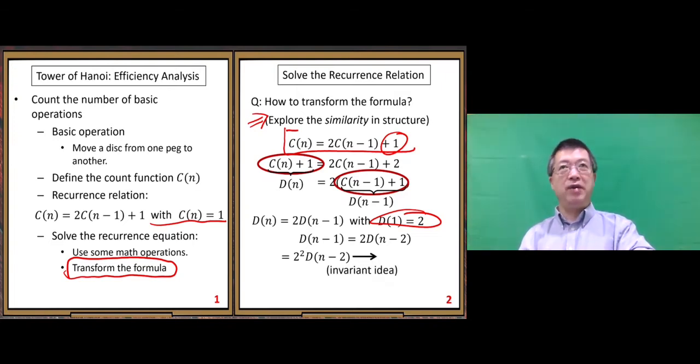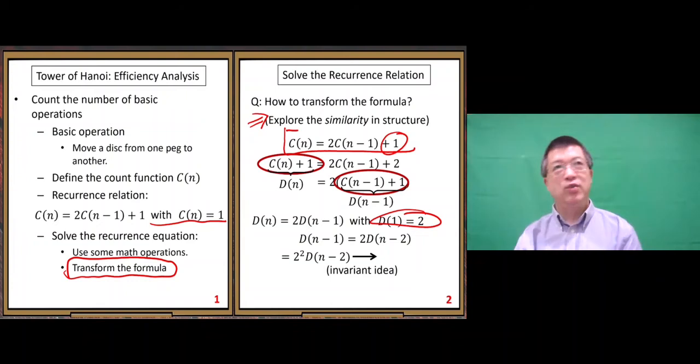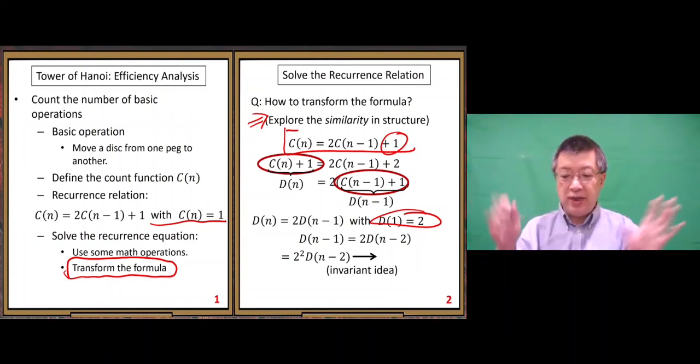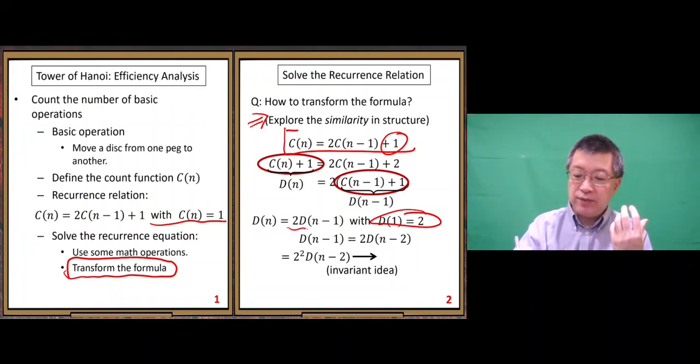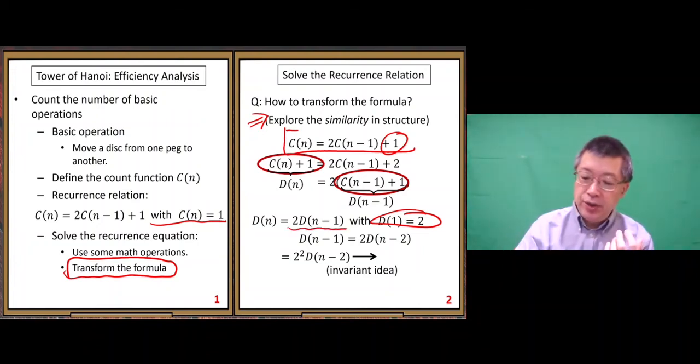So how do we use the invariant idea? We need to find some invariant. Then we can use it to keep track of all the intermediate steps. All right, let's look at this expression. This 2, we represent as 2 to the first power.